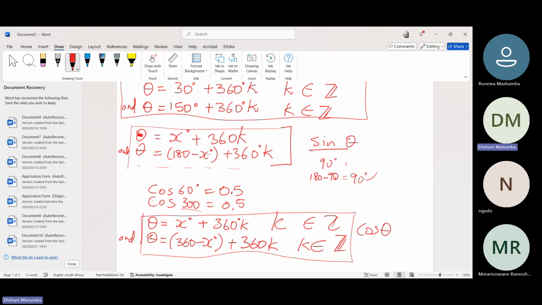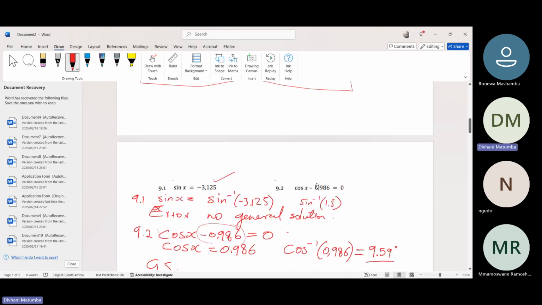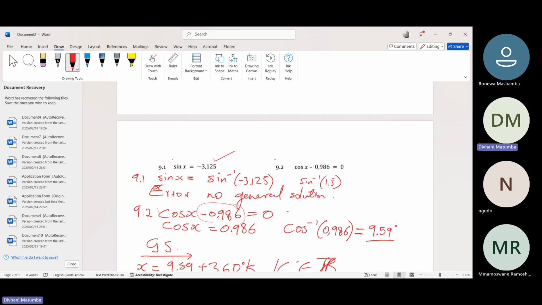Do you see why I didn't bother considering the second equation? Okay, yeah, I see now. Yes. I'm glad you understand. Now, we are done with this one. Let me bring a few more examples before we start with the tan.